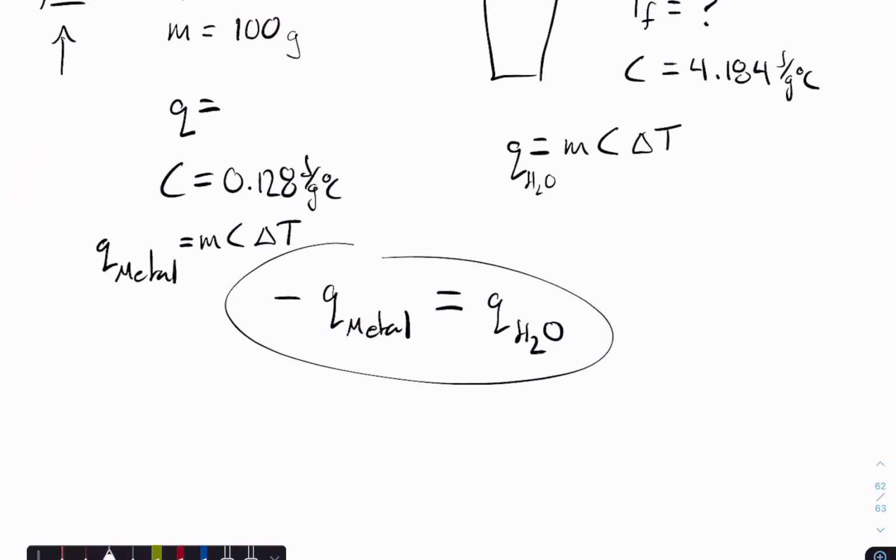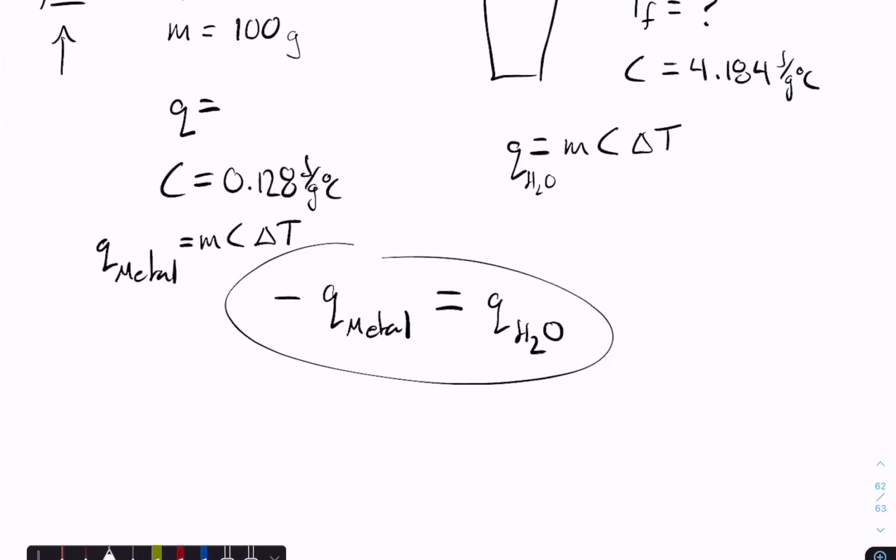And so if we want to find T final, that T final for the metal and the water is going to be the same. Because once it's in there, they're going to meet in the middle. And once they have the same temperature, they're not going to transfer any heat to or from each other anymore.